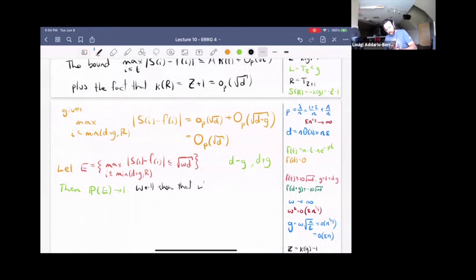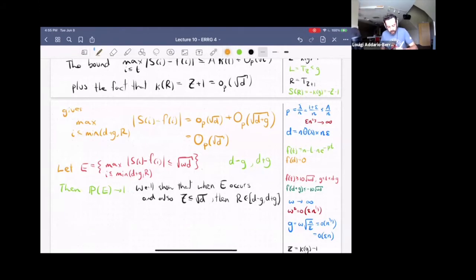Okay, and now we're going to show that when E occurs, and also Z is at most root d, then R will fall in the interval d minus g, d plus g.